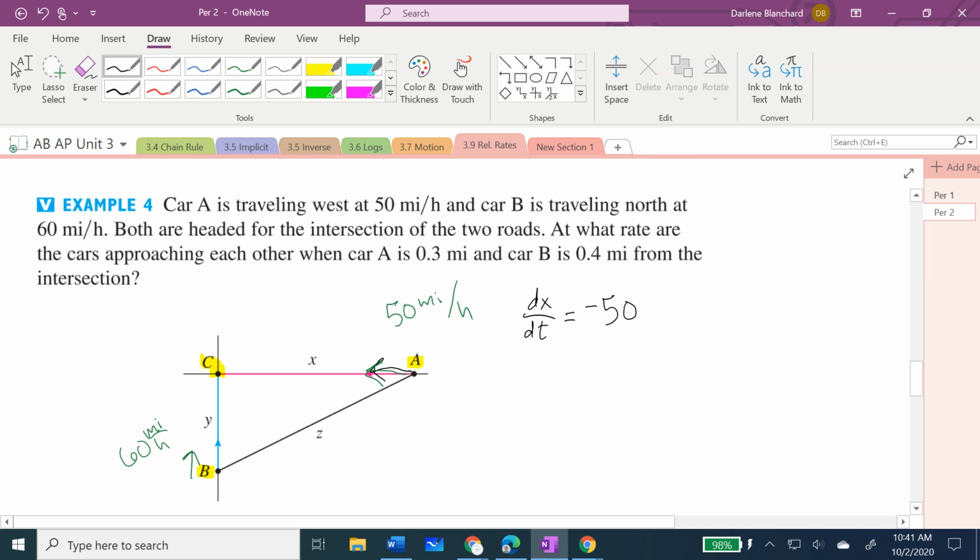Now, variable Y. Do you see that as car B travels north, that distance Y is shrinking? Does everyone see that? Distance Y is shrinking. That means dy/dt is a negative rate of change. It is negative 60.